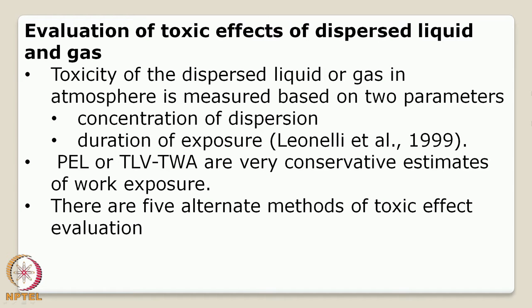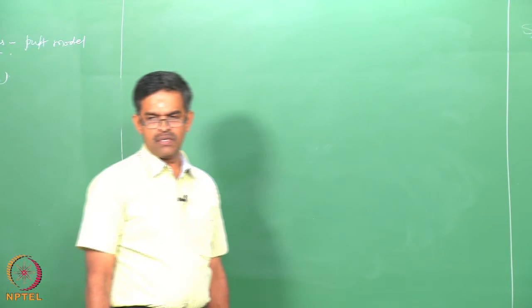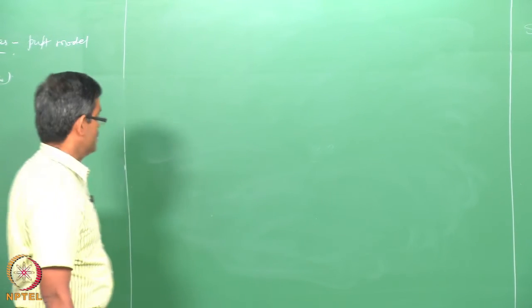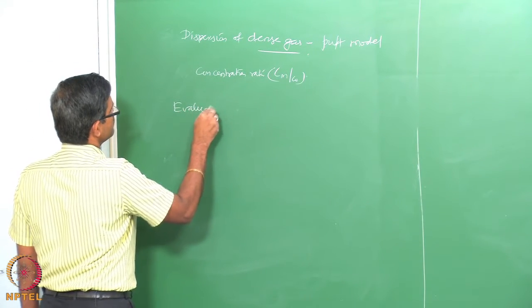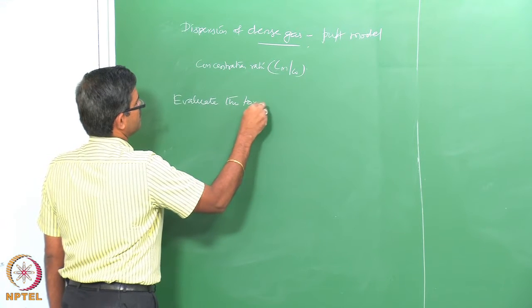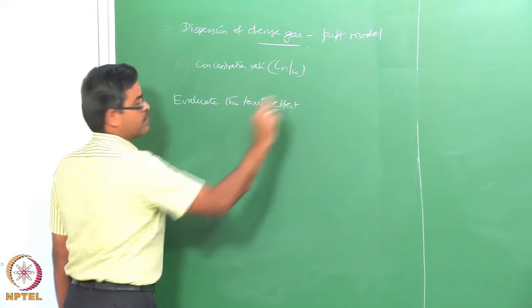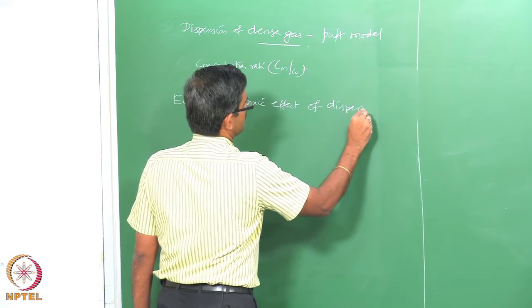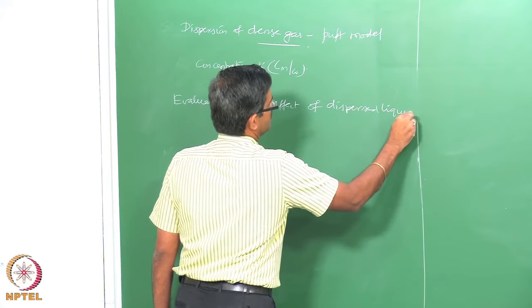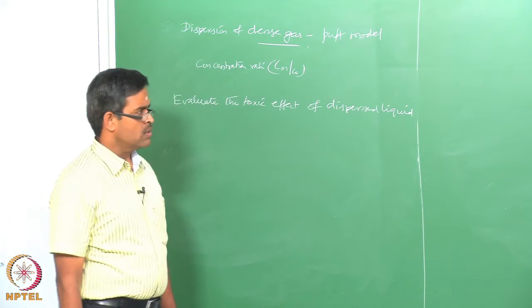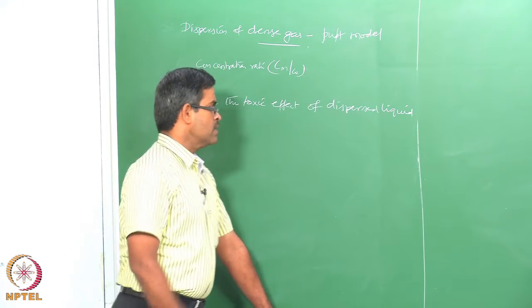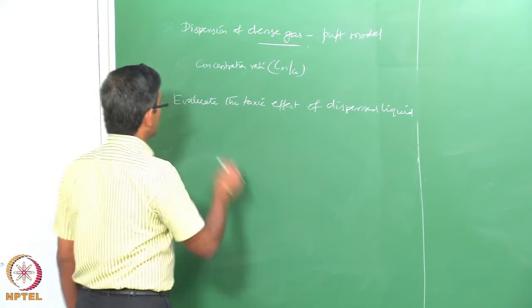Now, let us continue the discussion of evaluation of toxic effects on dispersed liquid and gas. Let us say I am interested in evaluating the toxic effect of the dispersed liquid. So far we have discussed the cloud vapor or positively buoyant gases and dense gases. Now, we are talking about dispersed liquid and gas.